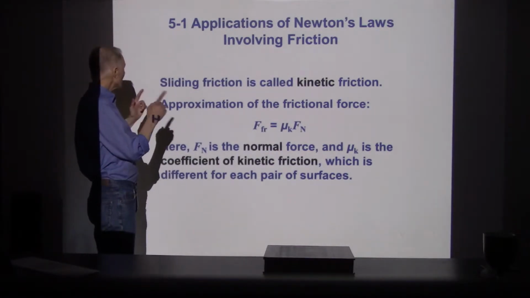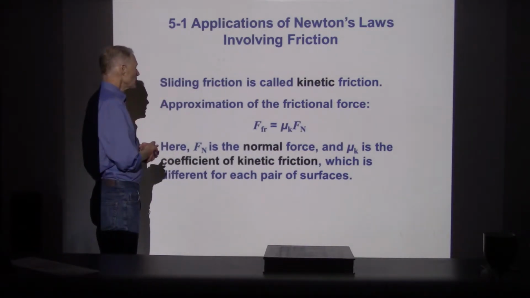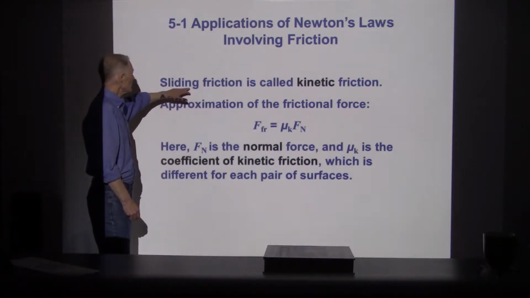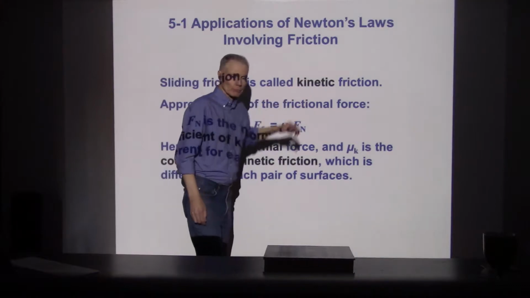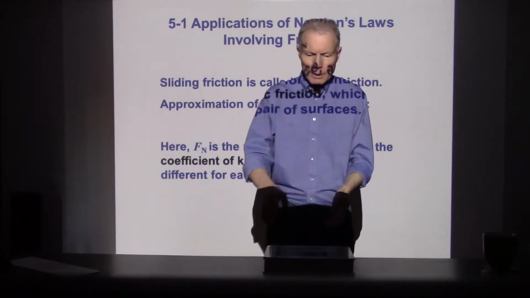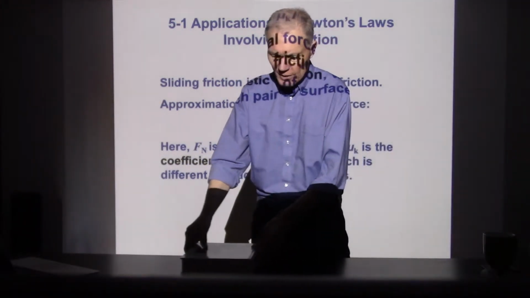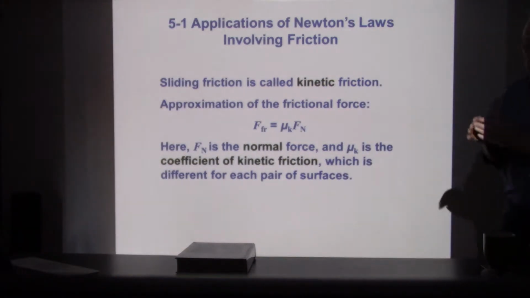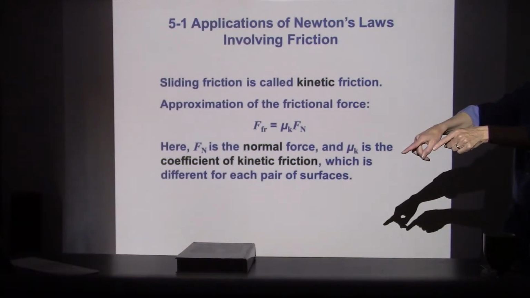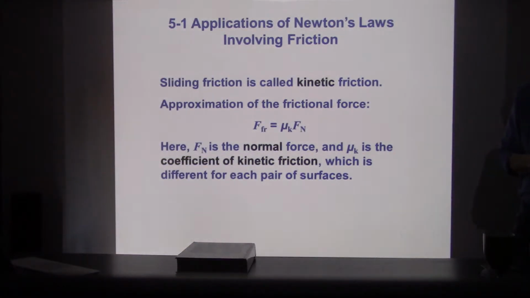Now, we're going to talk about two different types of friction. One of those is called sliding friction or kinetic friction. Kinetic friction is when an object is actually sliding: the surface where the two objects come into contact, the book, for example, is sliding along the tabletop.